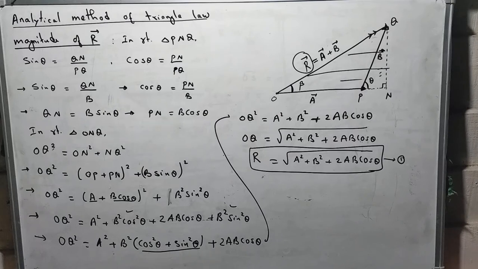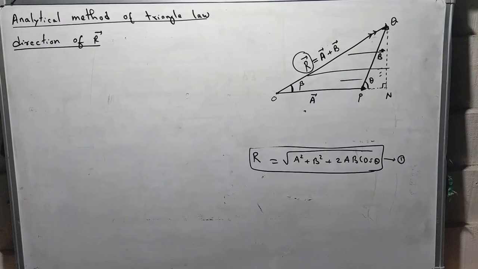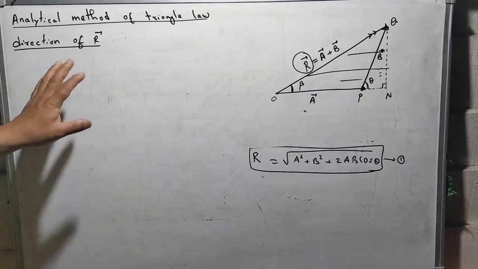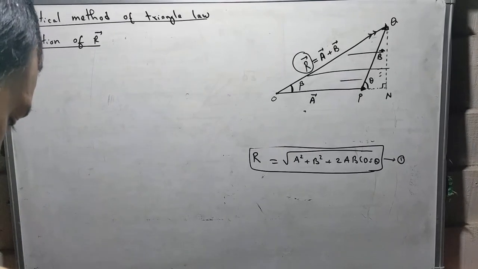I have very little space here, so you can take a screenshot of this so that I can rub it off. Directions of resultant vector.